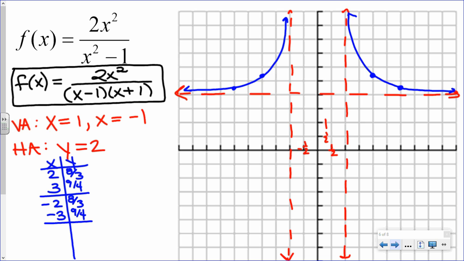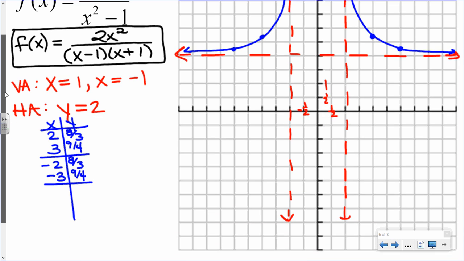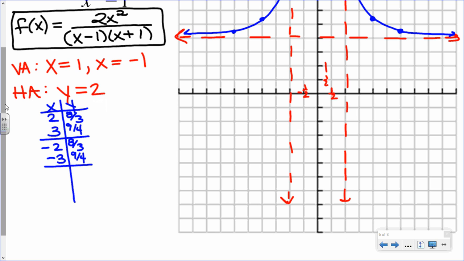Okay? Now, we have to figure out what is going on in between the asymptotes. I will tell you that when you have a graph with more than one vertical asymptote, when you're looking at coordinates in between, you're going to want to plug in more than 2 values. You're going to have one of 2 options. Do you remember that graph I showed you on one of the first slides where it was like a snake through the middle?